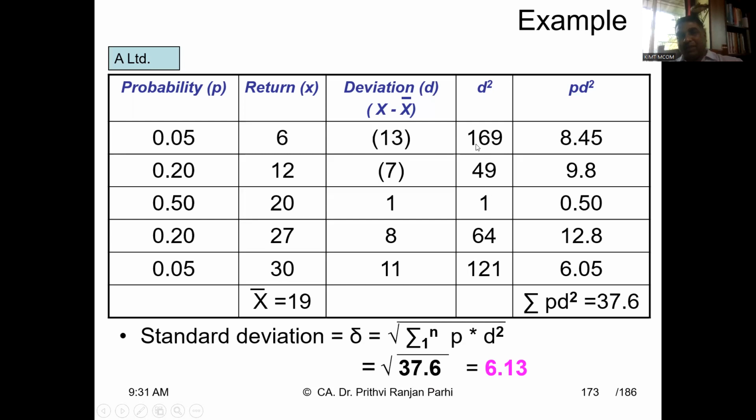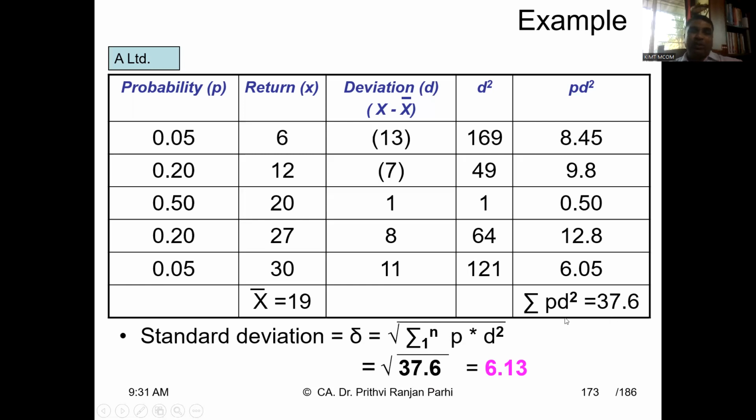Now these d squares are multiplied with the probability. That means the d square column multiplied with p, probability. That is pd square. Probability times deviations squared is in this column. Then sigma pd square, that is the total of pd square, comes to 37.6.